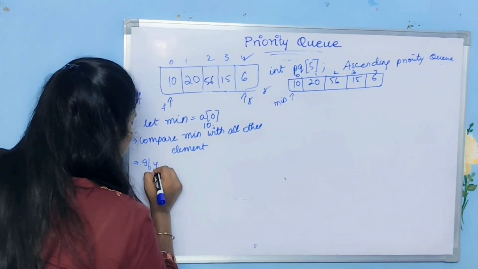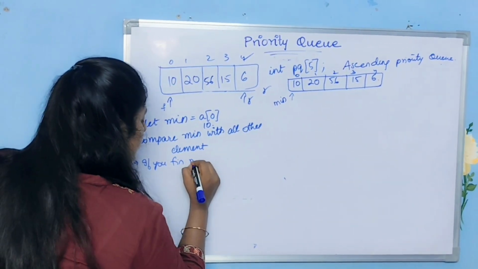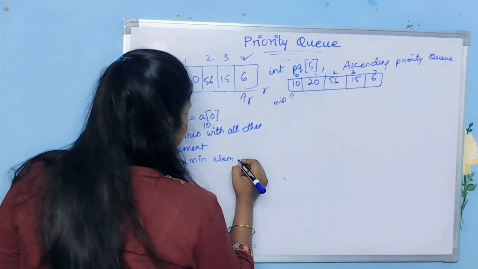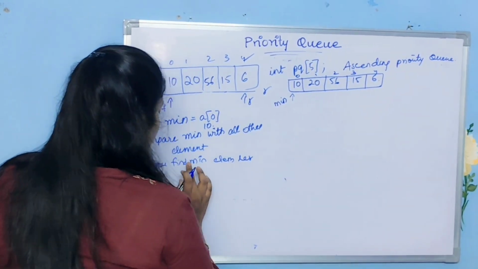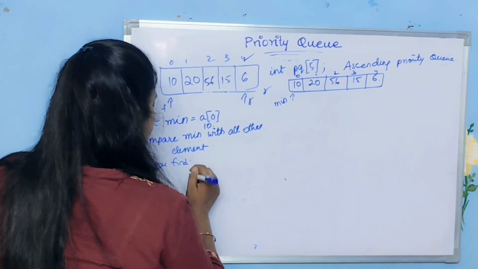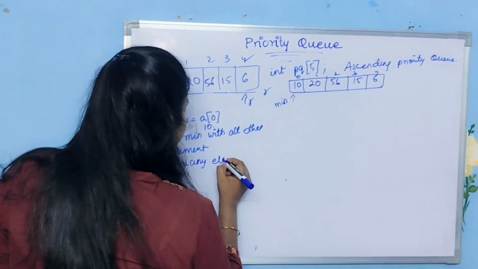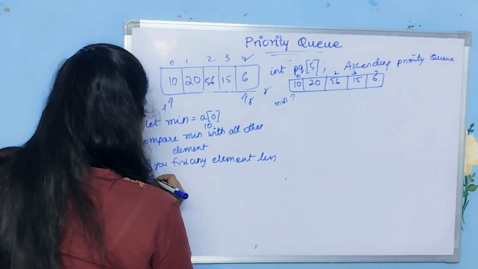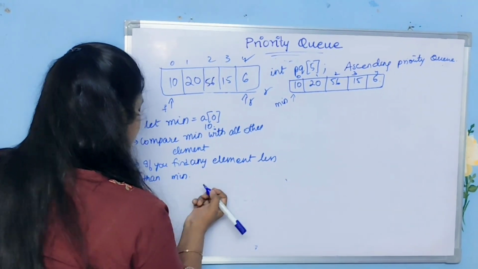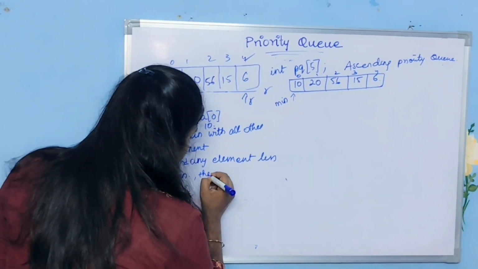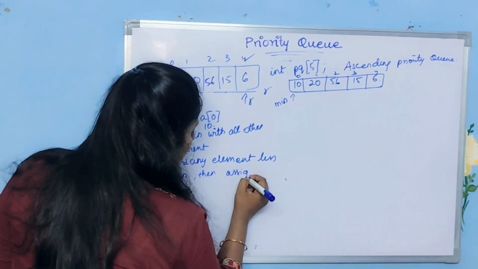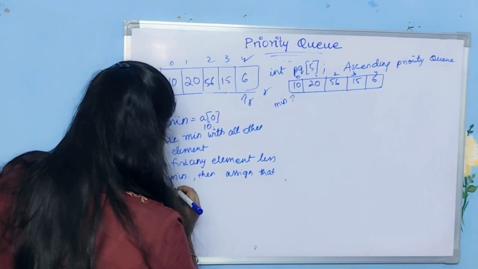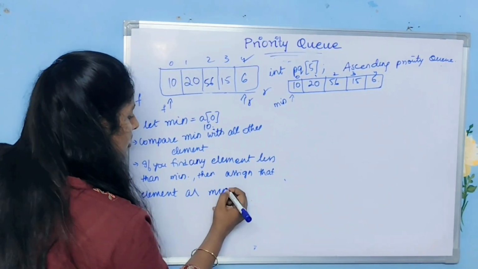If you find any element less than min, then assign that element as the min element.